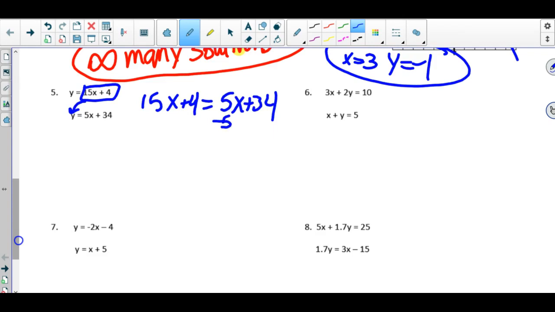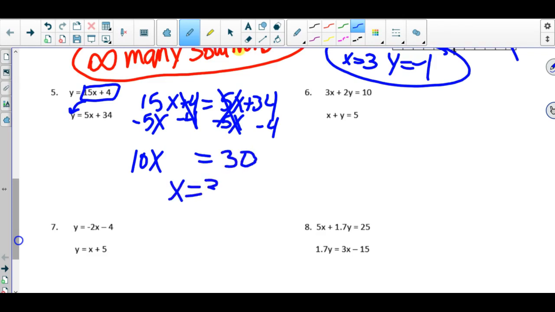Minus 5x to both sides. We're going to get that to cancel out, and get 10x. At the same time, I'm going to go ahead and minus 4 to both sides to get 30. So x equals 3.